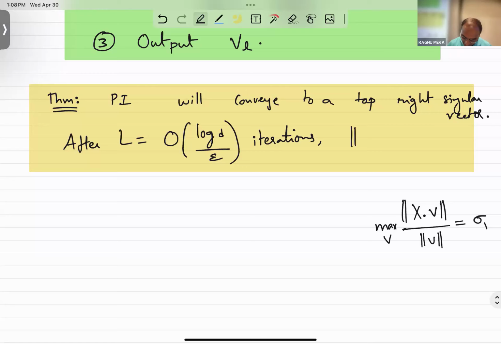So meaning, we'll have a vector such that with high probability over the initial random choice, this is at least 1 minus epsilon times sigma 1. So the maximum possible value is sigma 1, and I'm finding a vector which is at least 1 minus epsilon times sigma 1.